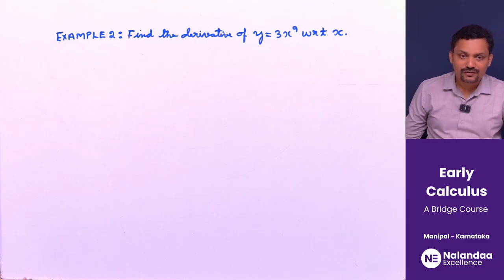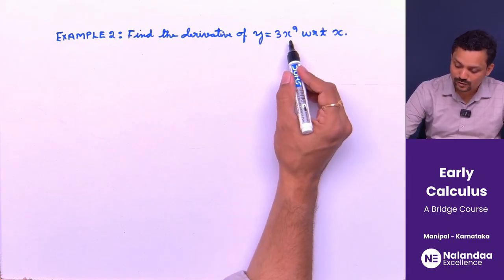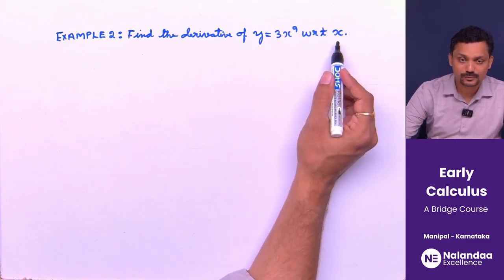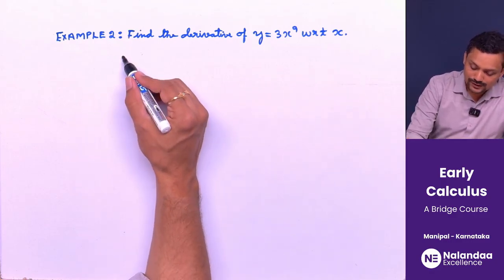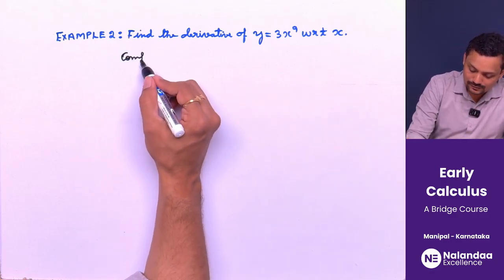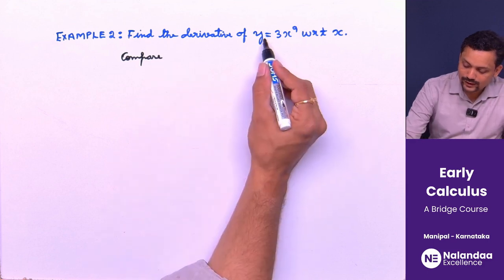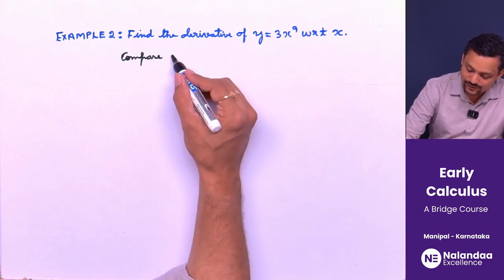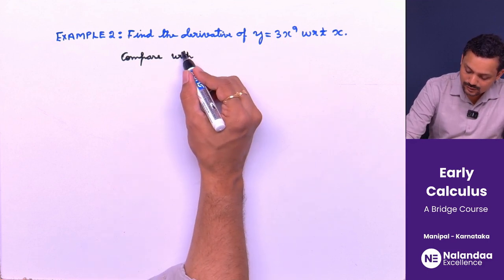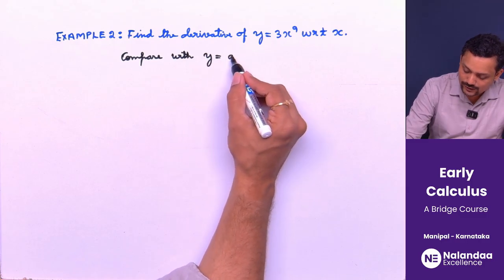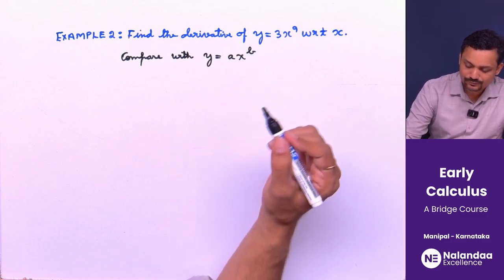Example 2. Find the derivative of y is equal to 3x power 9 with respect to x. So let us compare y equal to 3x power 9 with y is equal to a into x power b.